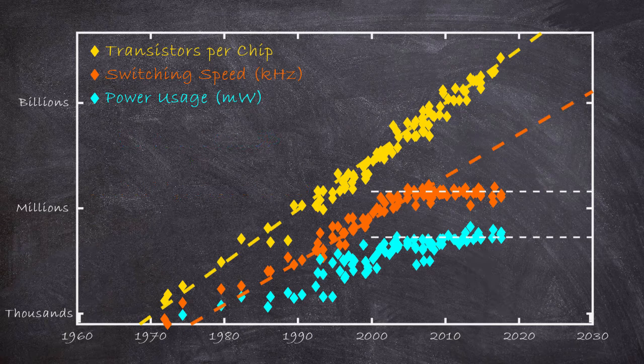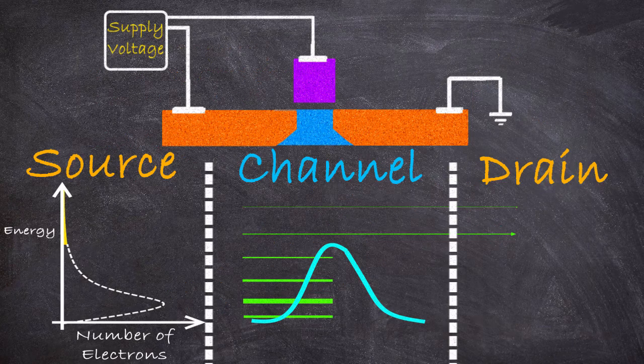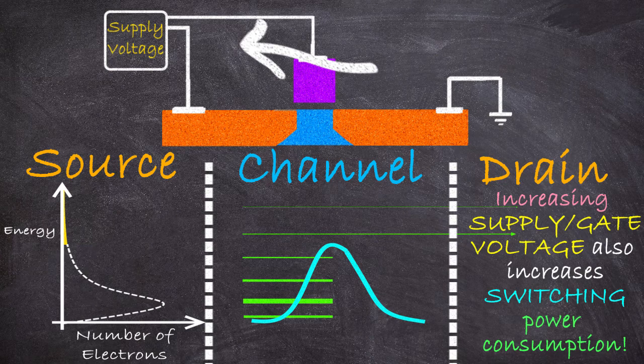And we saw that the more you switch a transistor each second, the more power it uses, which is called the dynamic power consumption. Well, the power cost every time you switch also dramatically increases with the so-called supply voltage, which determines the voltage at the gate. So the higher the barrier, the more power is used when you switch the transistor.